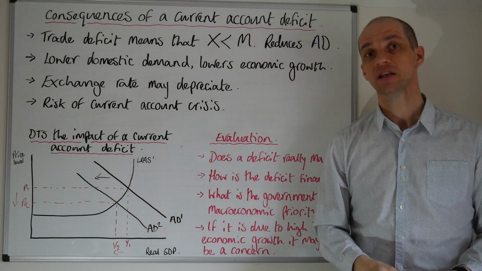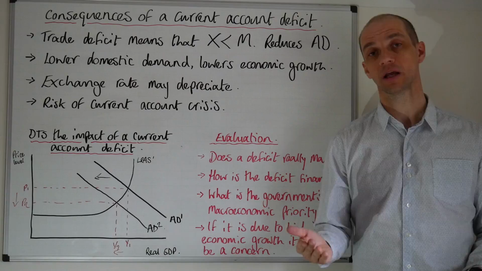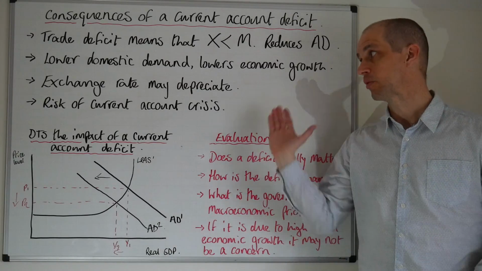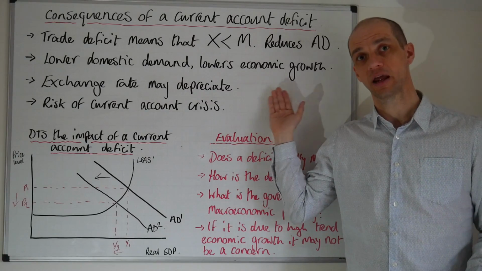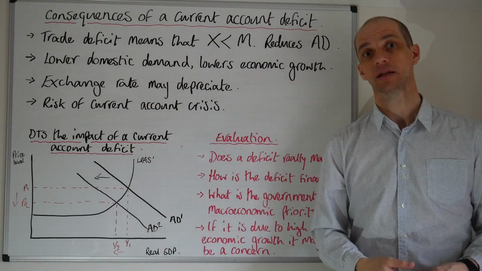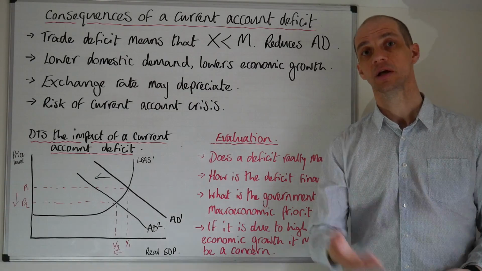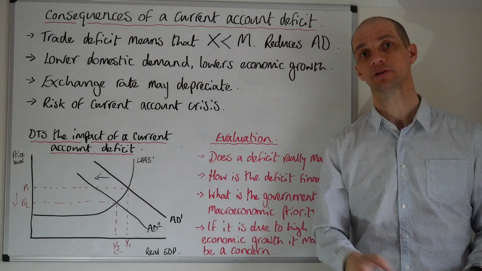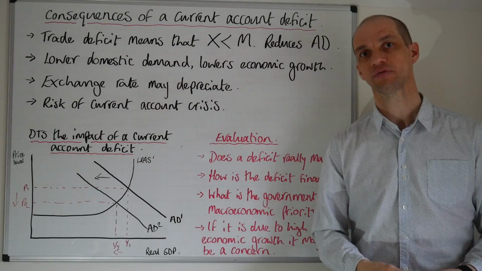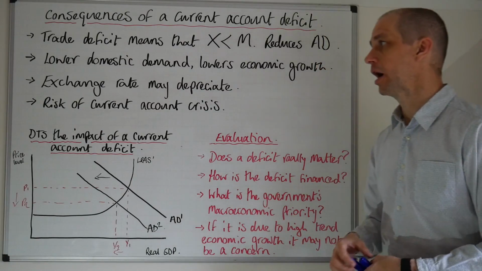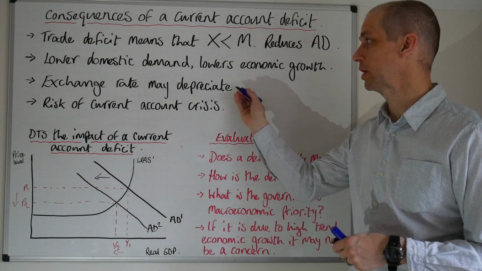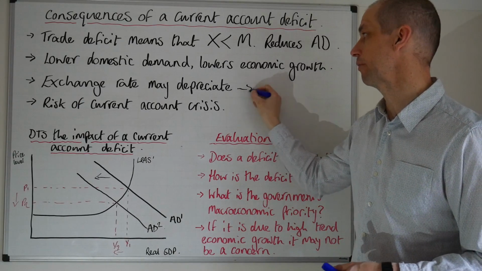Now that can pose significant problems, as it did for many Asian economies in the Asian financial crisis in 1997, where they were running current account deficits, they were operating fixed exchange rate regimes, and they were then subjected to speculative attacks. The currency then plunged from those pegs, and it was a real crisis for those countries at such a time.